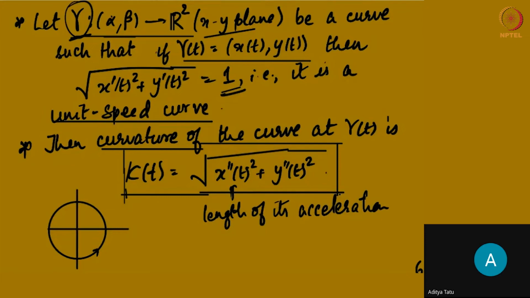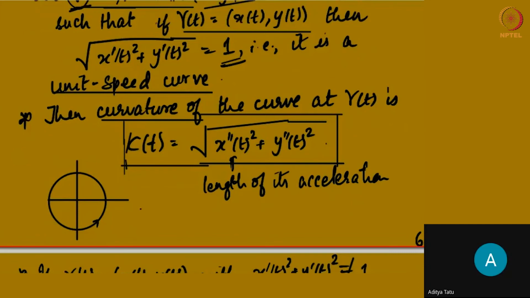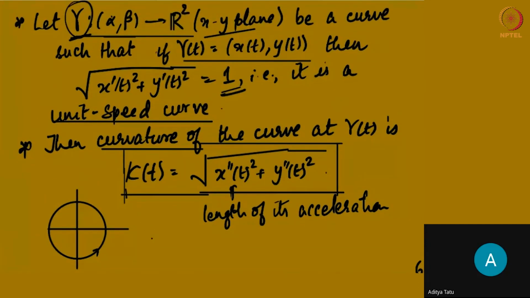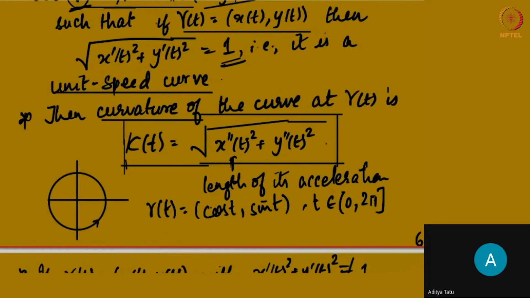Okay. But if it's a circle, we can sort of take an example here. So let us say gamma of t is cos t and sin t. What is this curve? And let's maybe generalize this a little bit: r cos t and r sin t.